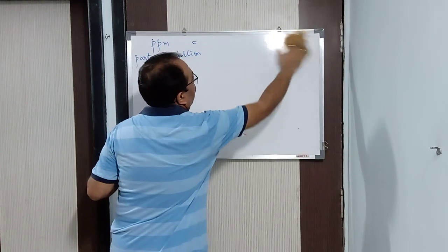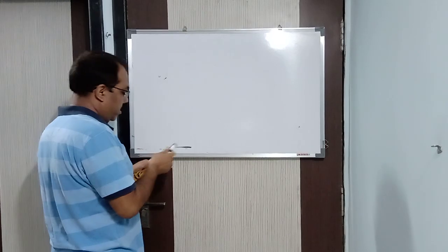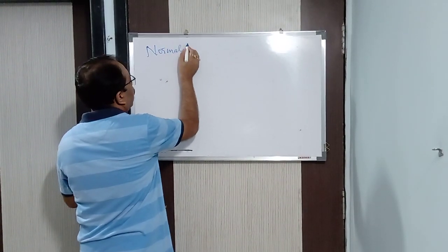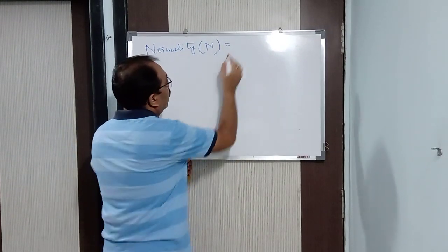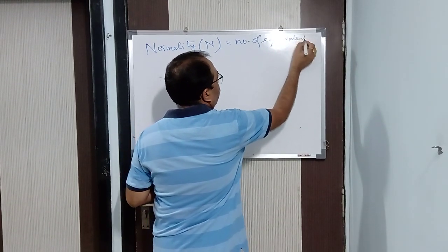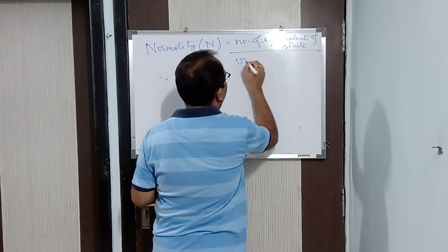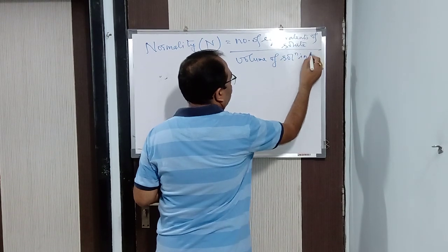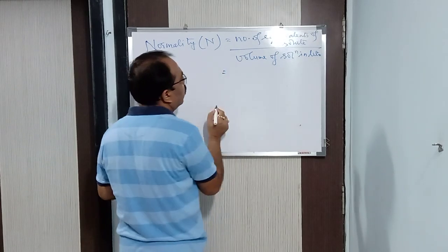Next we will come to normality. Normality is denoted by the letter capital N. So normality is nothing but number of equivalents of solute by volume of solution in liter.